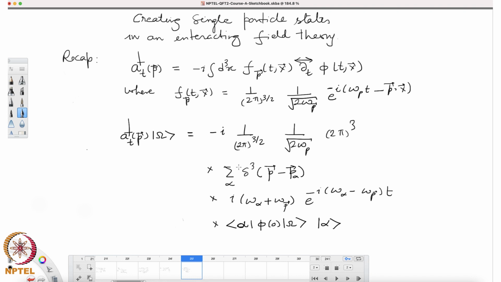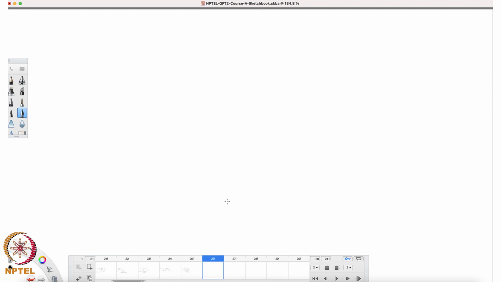Here let me write not equal to omega. Not a great notation, but this is what it is. Good. So the recap is over now, and the vacuum is also out of the equation.